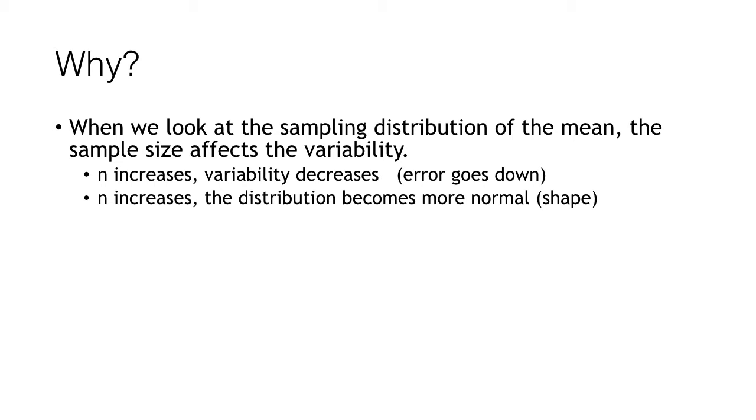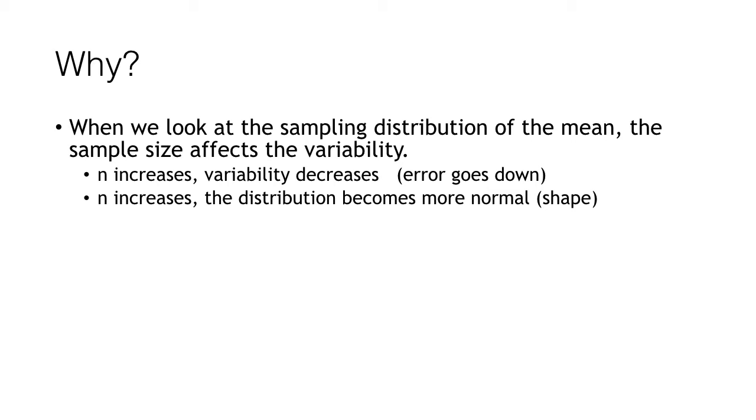In other words, the mean of every sample, larger samples, gets closer and closer to what the mean is for the population. So as the sample size, n, increases, the variability decreases. In other words, the error in our samples goes down.